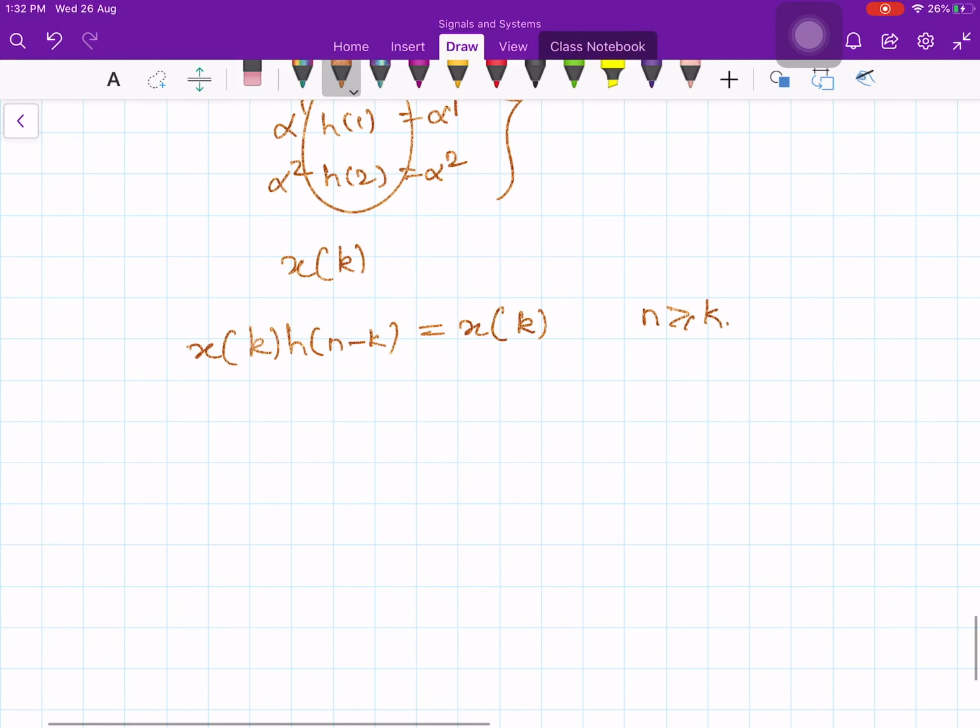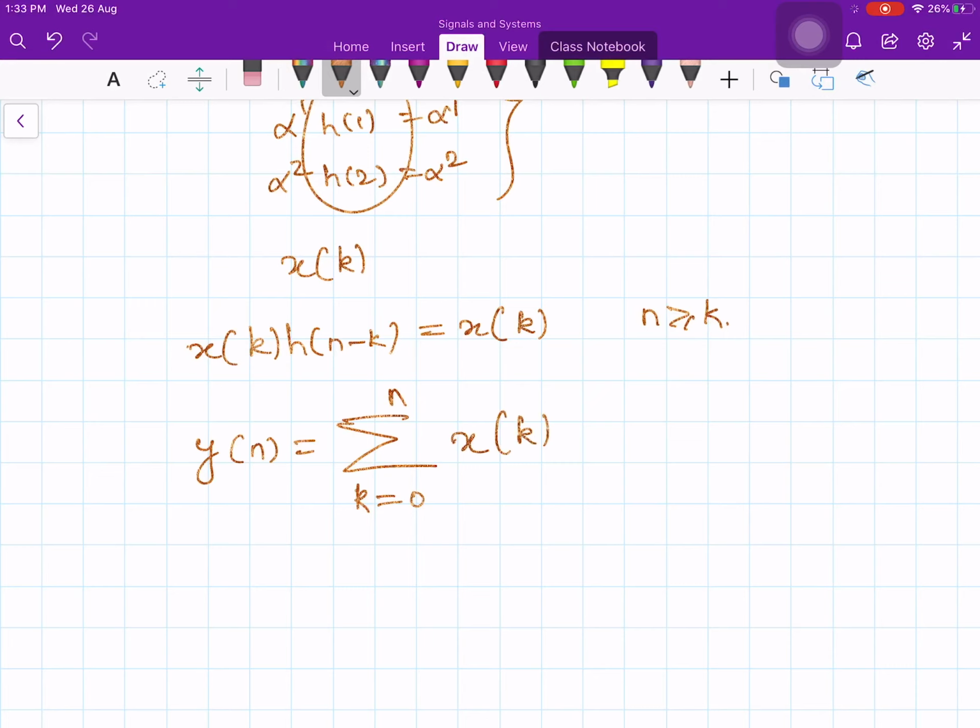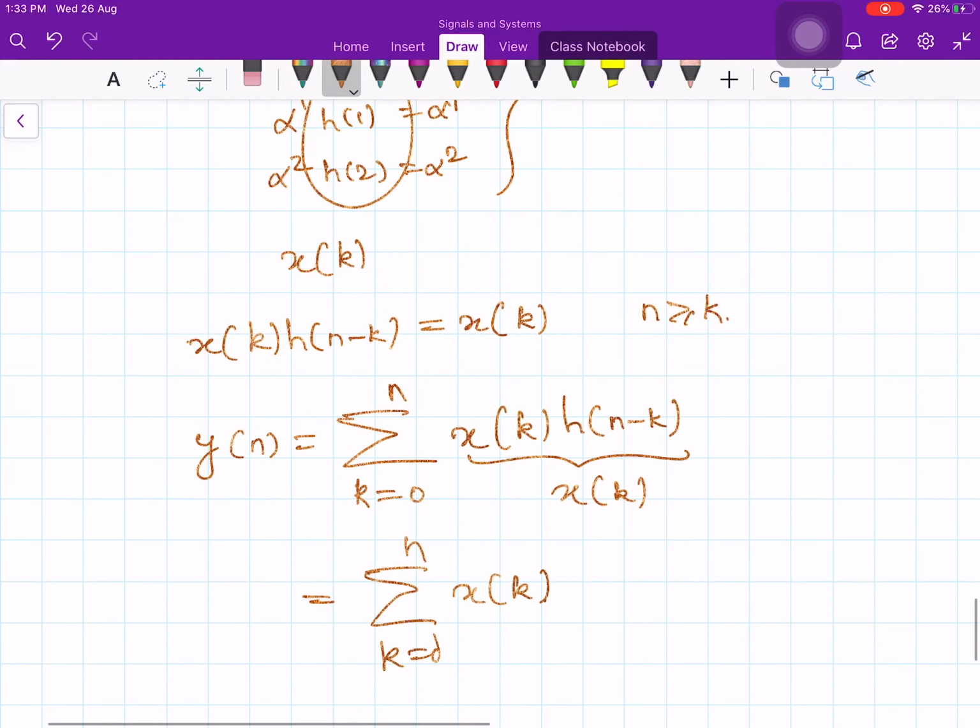So your y of n is equal to sigma k equals 0 to n of x of k h of n minus k, and this is equal to x of k when n is greater than k. Therefore, sigma k equals 0 to n of x of k. So, summation of k equals 0 to n.